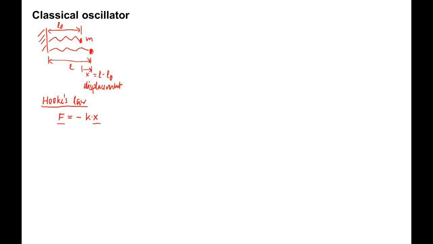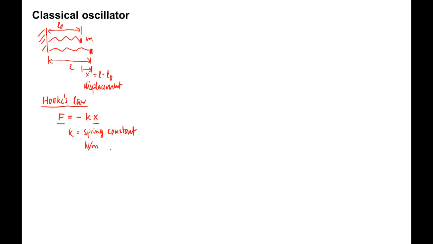The larger the displacement, the larger the force. k is the spring constant. It describes the stiffness of the spring. For a very stiff spring, k is large, and for a very soft spring, k is small. Usually k is given in units of newtons per meter. In molecules, we will be dealing with ks on the order of several hundred newtons per meter.